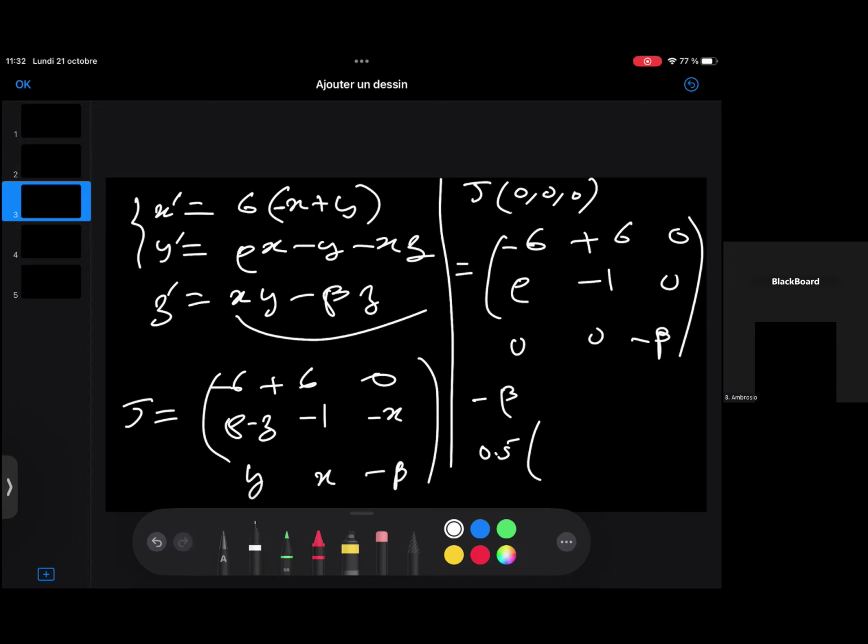So this gives minus (1 plus sigma) plus or minus the square root of (1 plus sigma) squared minus 4 sigma (1 minus rho), all over 2.